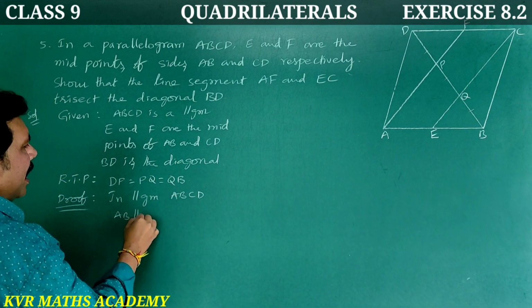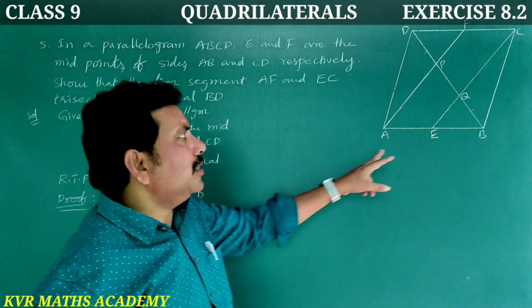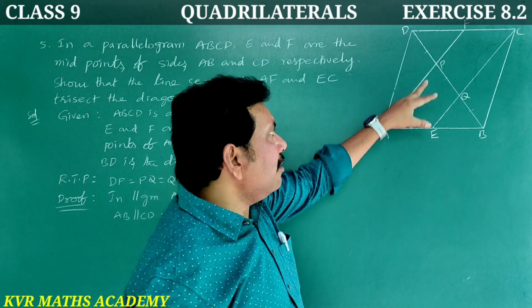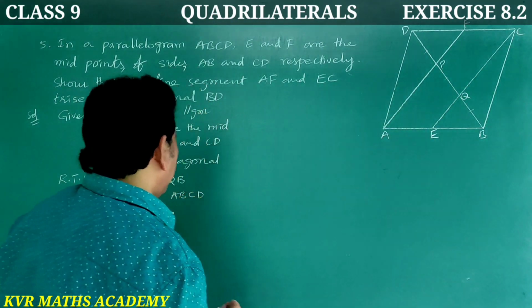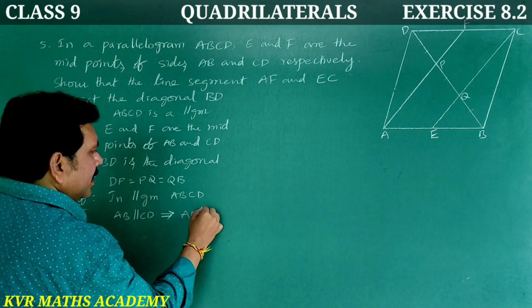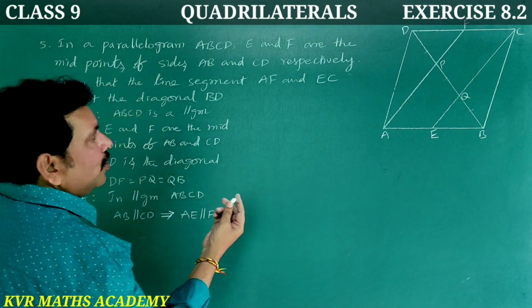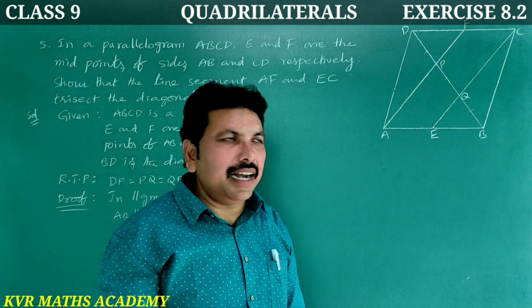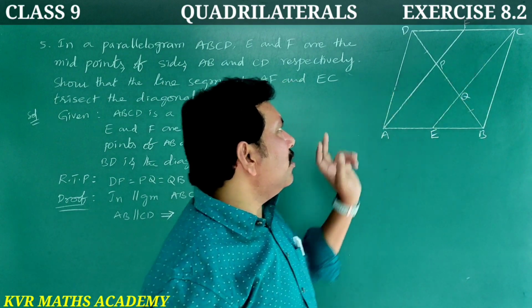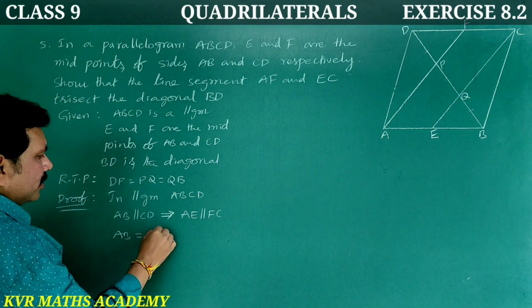So AB is parallel to CD, and since E and F are points on them, AE is parallel to FC. Next, in a parallelogram opposite sides are equal, right? So AB is equal to CD.